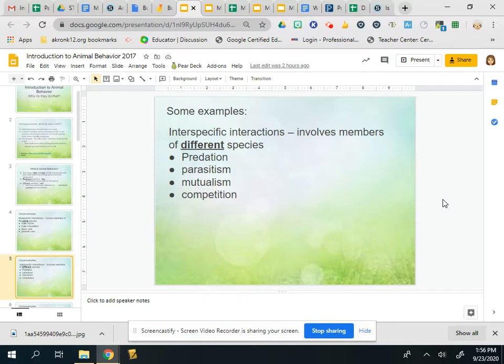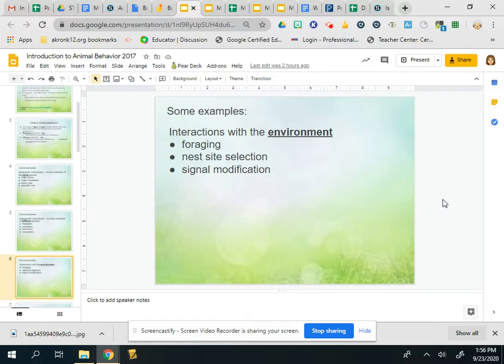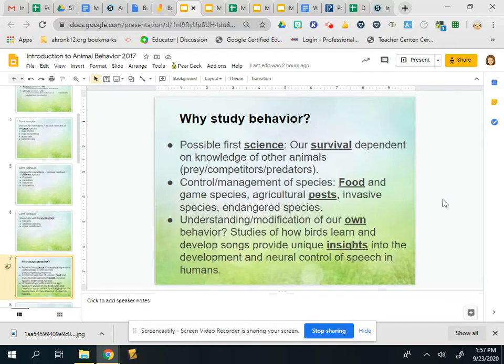So things like predation, parasitism, mutualism, where two organisms benefit from their relationship with each other, and competition for resources. And then also interactions with the environment, like foraging. Foraging is when an animal is looking for food. Nest site selection and signal modification.